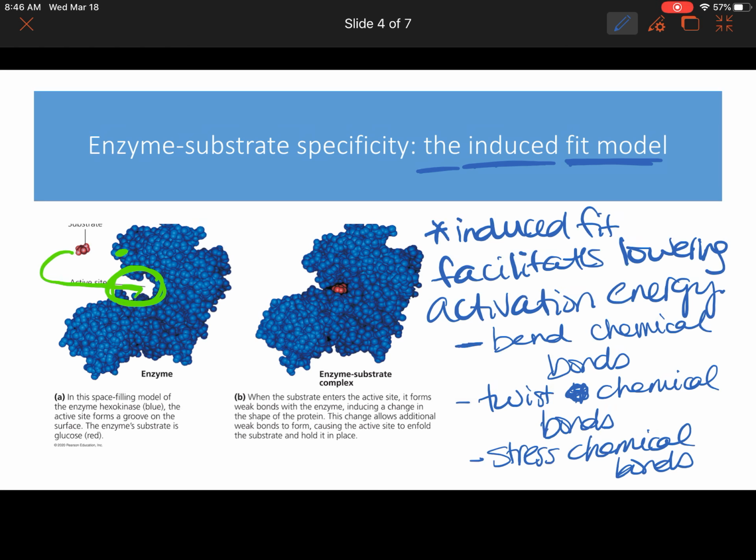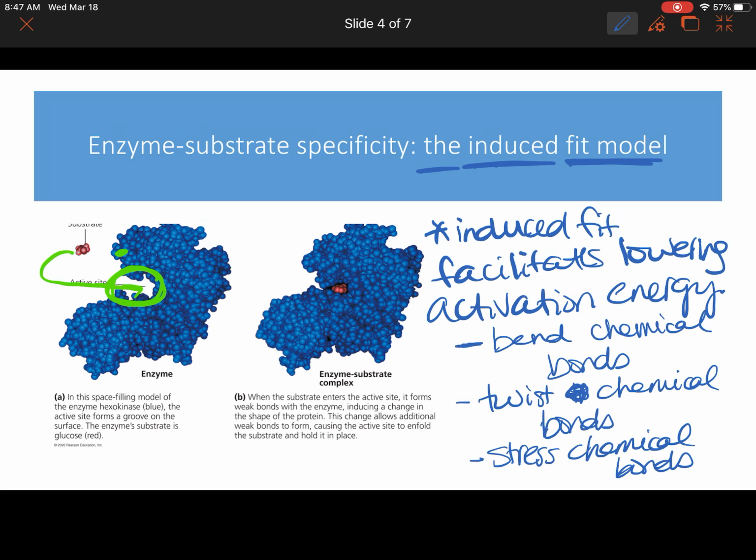And when that happens, when those bonds are bent or twisted or stressed, it takes less energy to break them. And that is how the enzymes are going to lower the activation energy of a chemical reaction, is by stressing the chemical bonds. But they cannot stress the chemical bonds in the substrate if they cannot induce their fit around the substrate. Okay, that is really important.